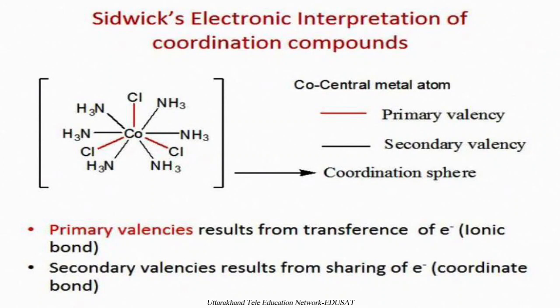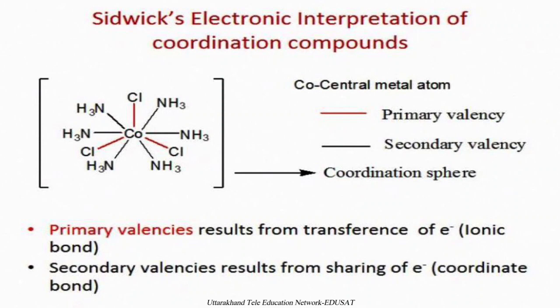Around this cobalt central metal atom there are specific ligands. What are these specific ligands? These are filled by the primary valency and the secondary valency. Primary valency here we have shown in red color and the secondary valency in black color, and this square bracket is known as the coordination sphere of the coordination compound.